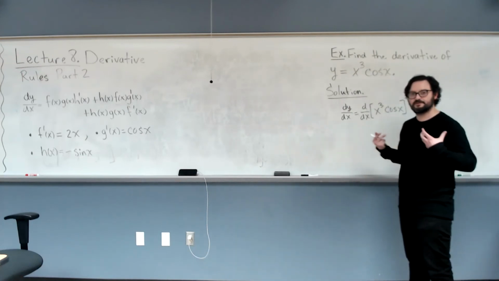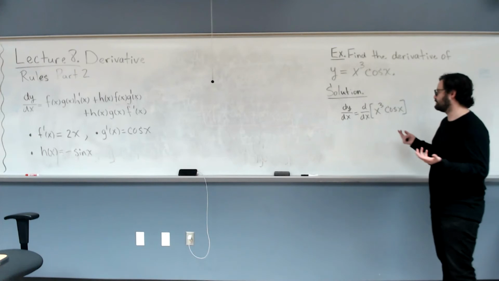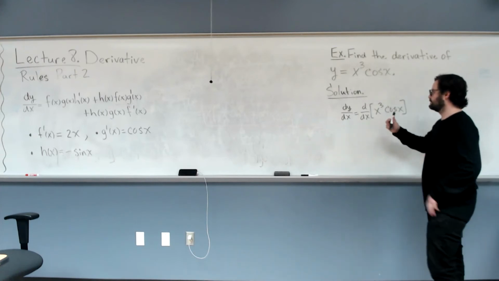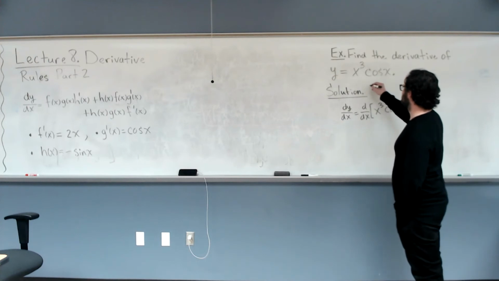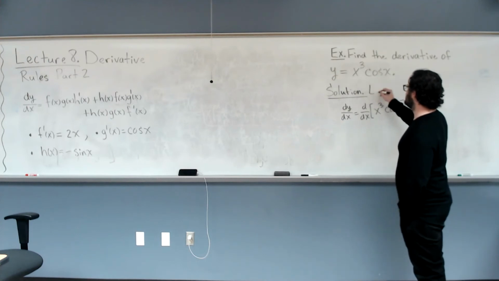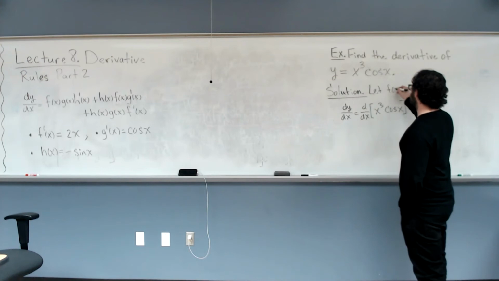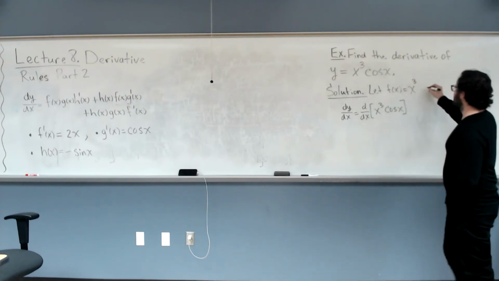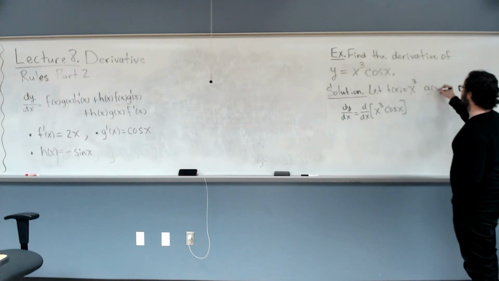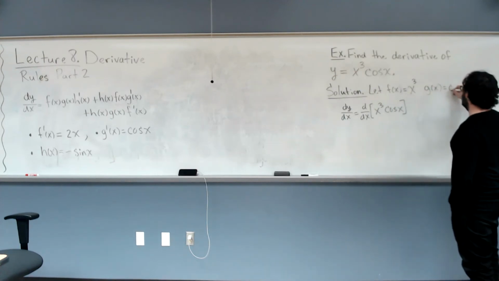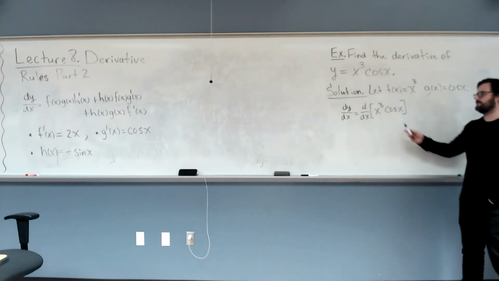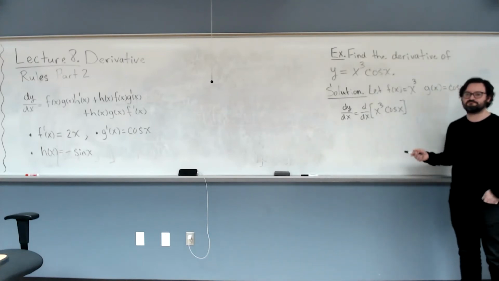If you were to split this into two functions, what would be what? f of x would be x to the third. We can even say that up here if you want to be very specific, like I was last time. And then g of x would be cosine of x. So then we have the derivative of a function times a function.